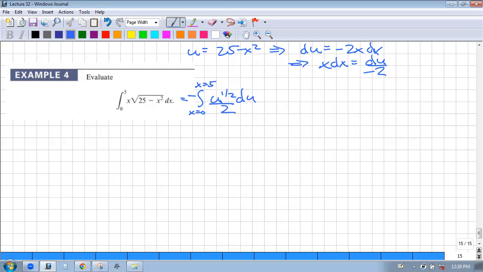X and u are not the same thing. We'll see why shortly. But here, there's a minus half. I'll just pull that out front. The integral of u to the 1/2 would be u to the 3/2 divided by 3/2, right? And we'd want to evaluate this from x equals 0 to x equals 5.